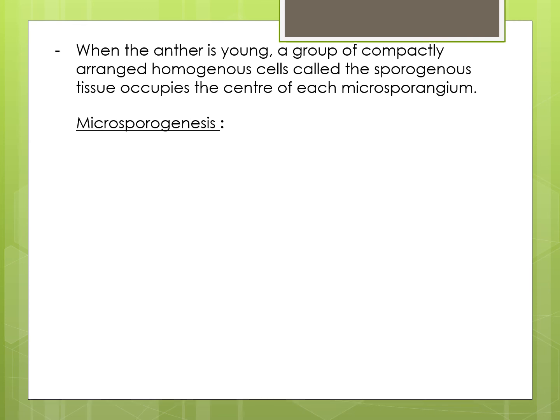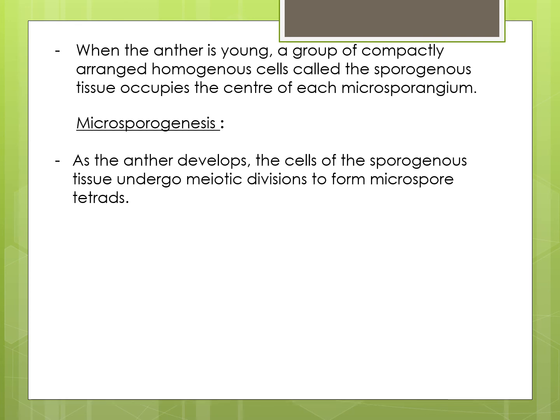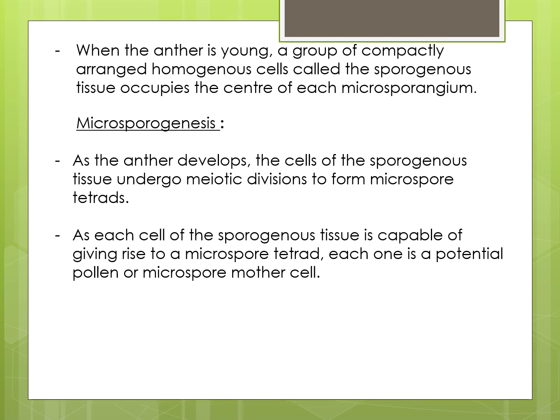Microsporogenesis. Microsporogenesis is a process in which there is formation of microspores. Genesis means generation or formation. As the anther develops, the cells of the sporogenous tissue undergo meiotic division to form microspore tetrads. As each cell of the sporogenous tissue is capable of giving rise to a microspore tetrad, each one is a potential pollen or microspore mother cell.